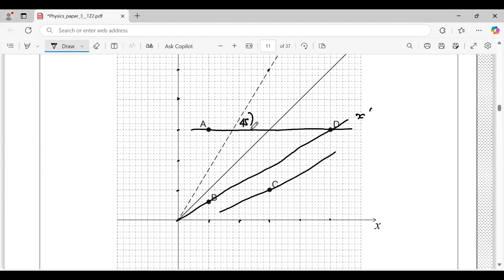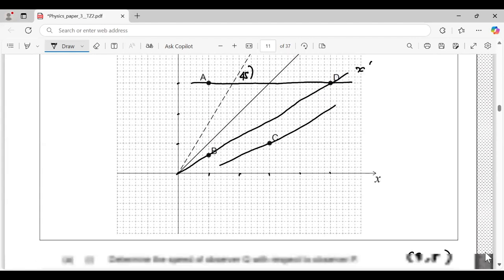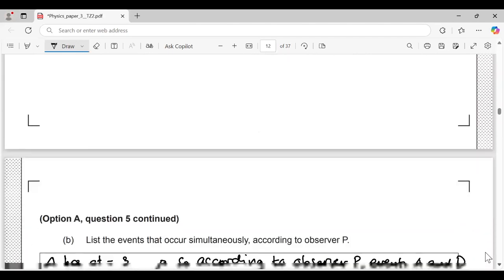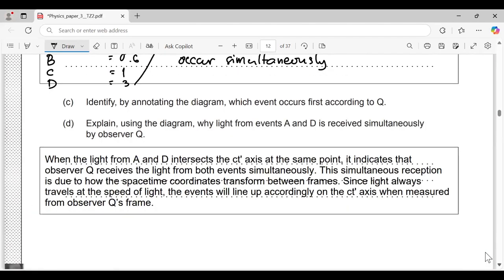Okay. So the ct' axis represents the observer's time axis in the Q frame. So if you look at the explanations on this box.